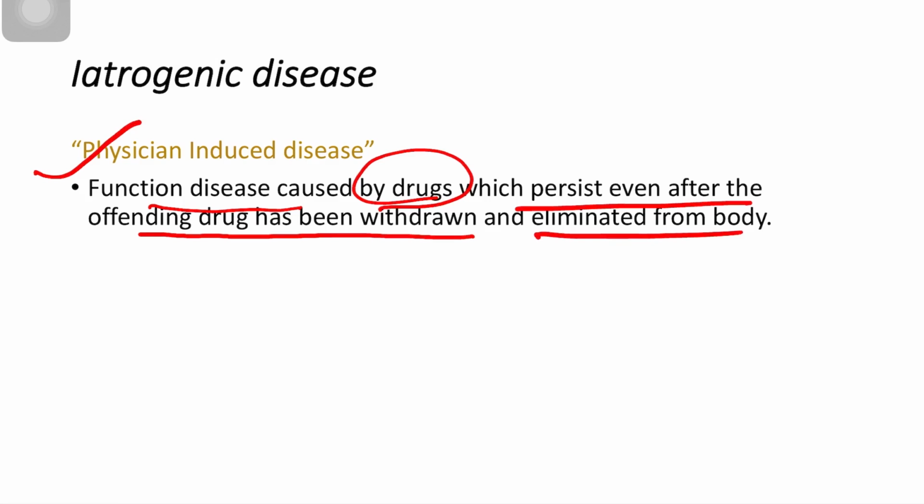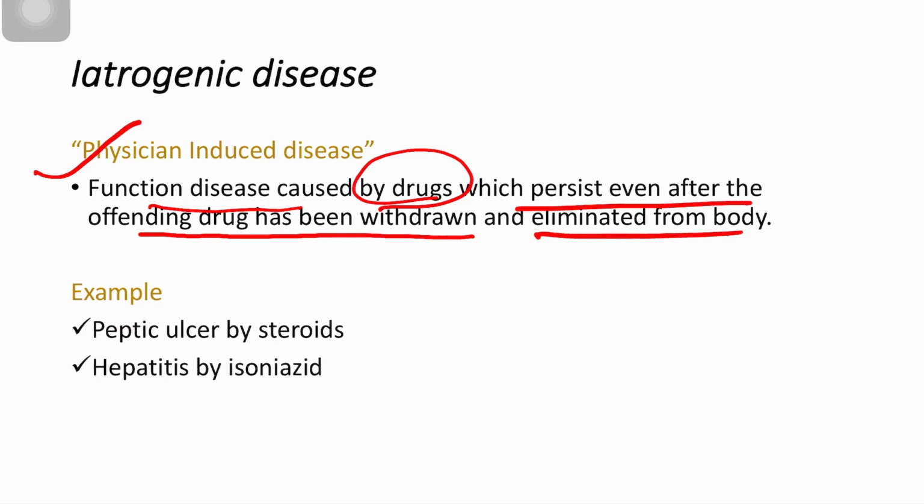So this is a kind of physician-induced disease, where the physician gives a medication for another disease, and because of that drug another functional abnormality develops even after the elimination of the drug from the body. That is called iatrogenic disease. An example is steroid-induced peptic ulcers.